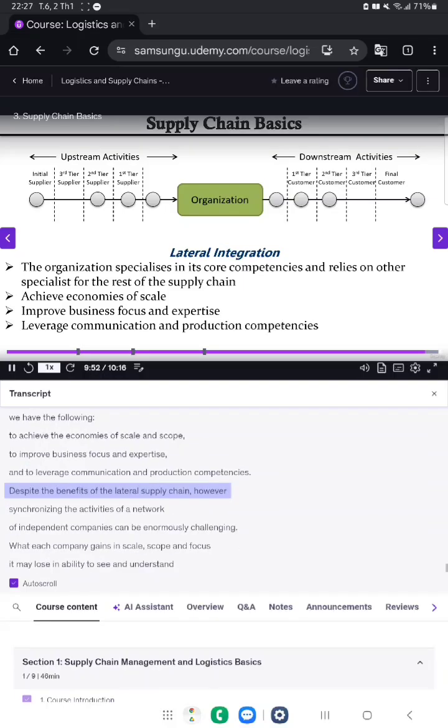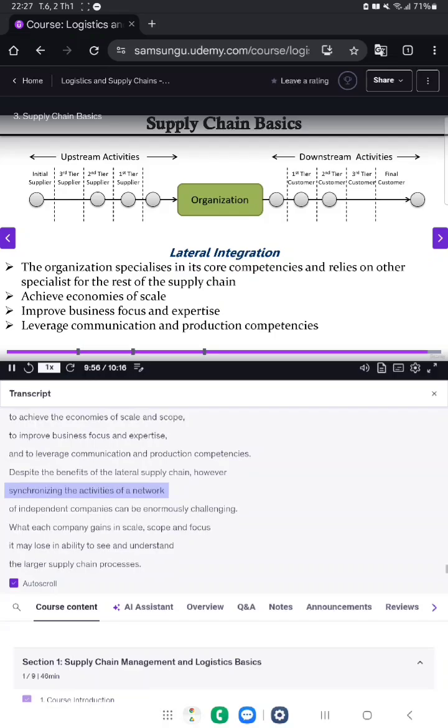Despite the benefits of the lateral supply chain, however, synchronizing the activities of a network of independent companies can be enormously challenging. What each company gains in scale, scope, and focus, it may lose in ability to see and understand the larger supply chain processes.